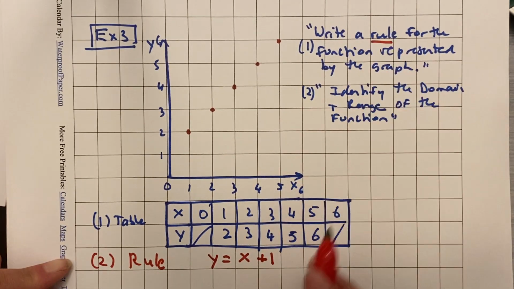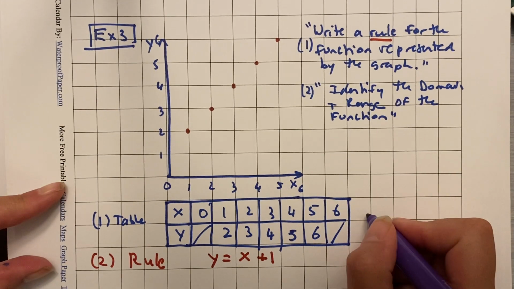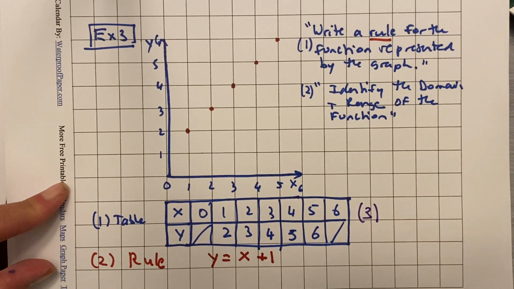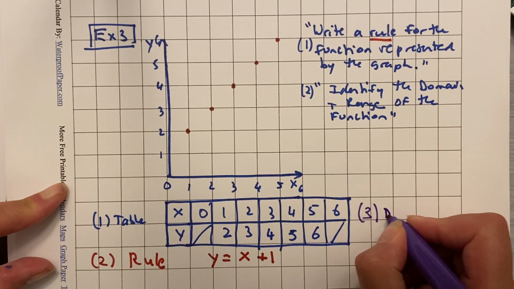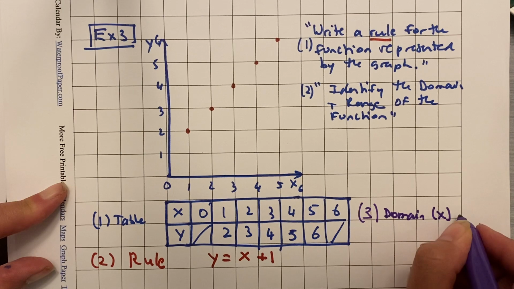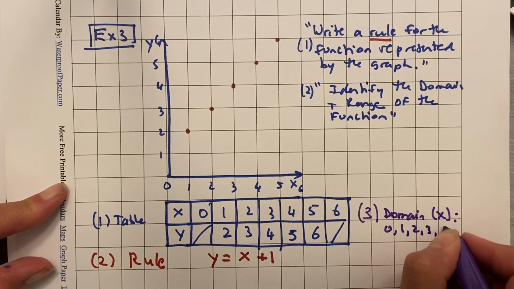So I've got this part. But the third thing they're asking me, I'll do that one in purple. Identify the domain and the range. Well, my domain is my input, my x's, right? So my domain, which is x, which is inputs, is 1, 2, 3, 4, 5.